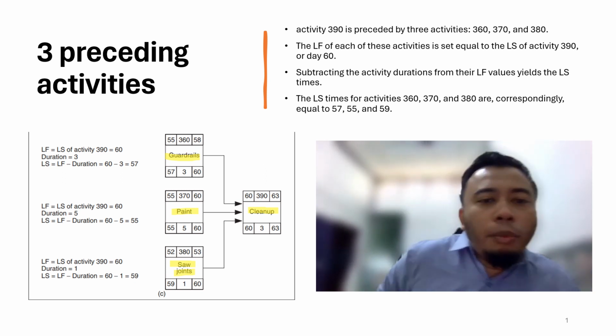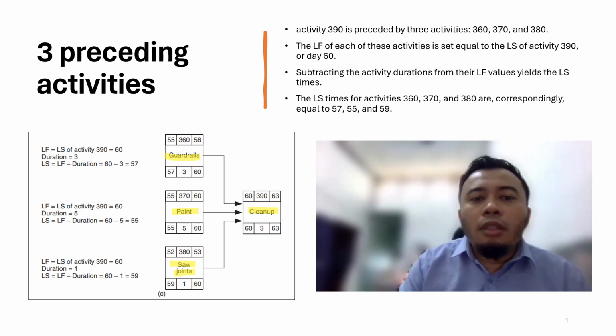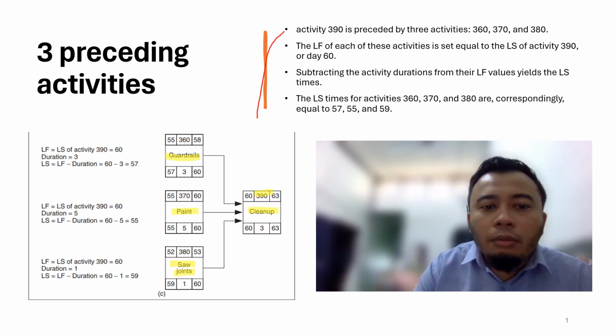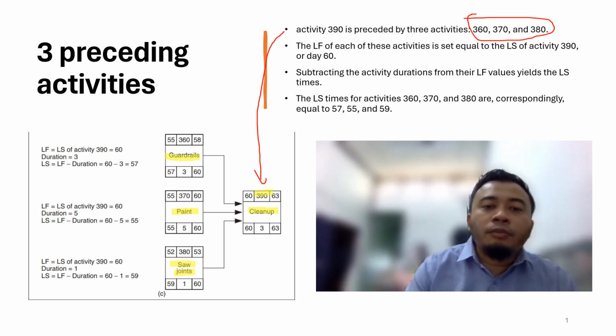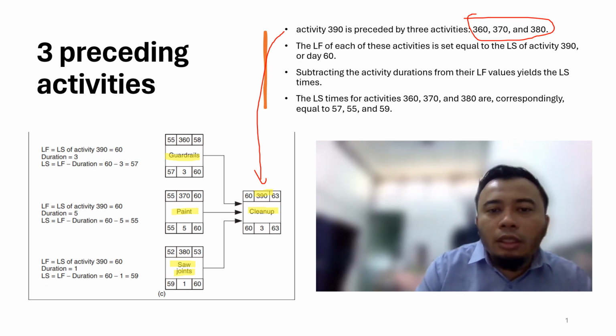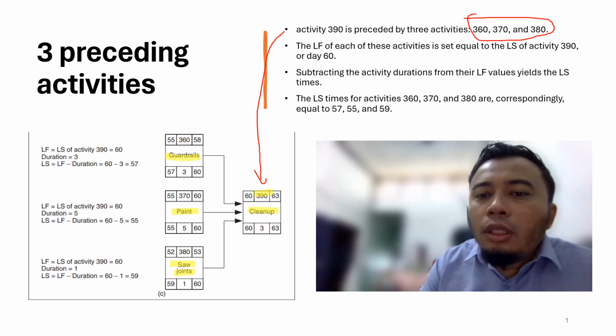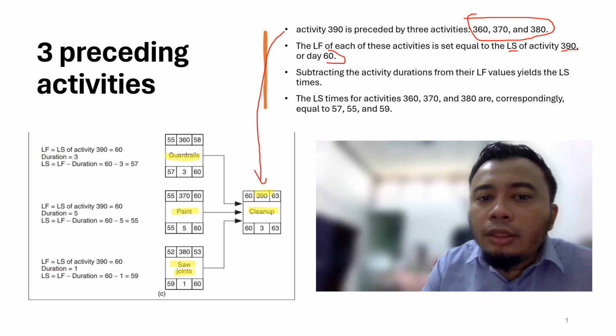So to compute, first let's take a look at the statement here. Activity 390, which is this one, cleanup. Activity 390 is preceded by three activities: 360, 370, and 380. So the late start of each of these activities is set equal to the late start of activity 390, or at day 60.